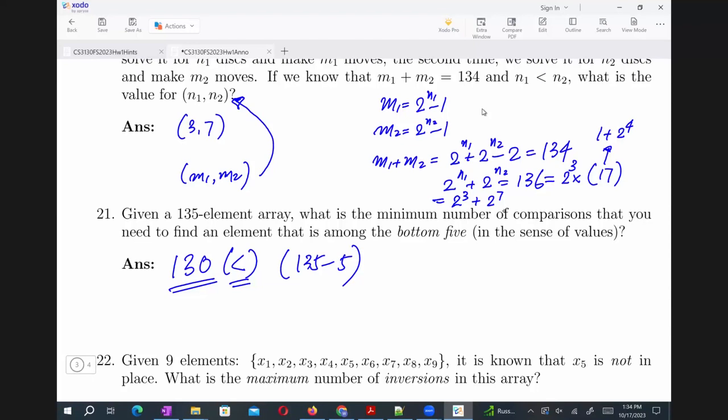We have that number, the current minimum, in our hand, and the last 5 elements remain. So the current minimum must be in the bottom 5. Understand?